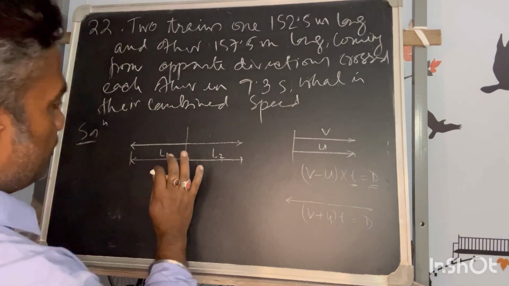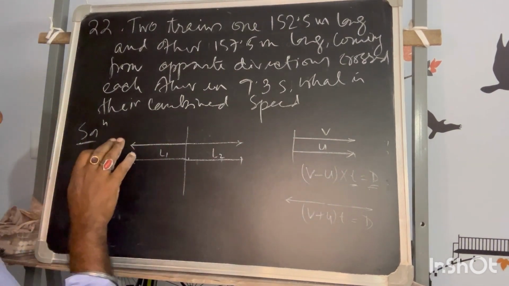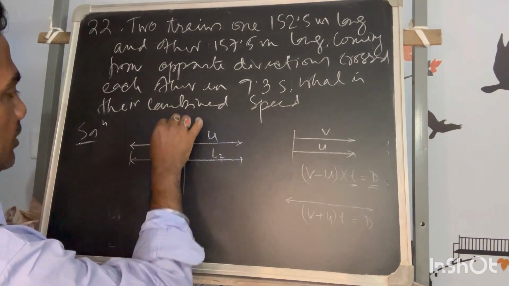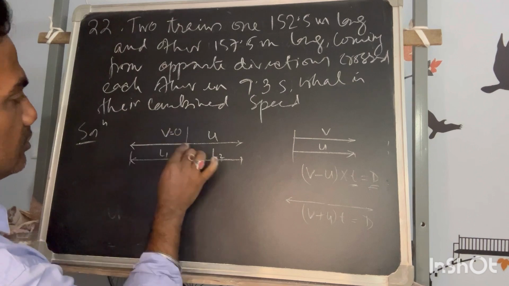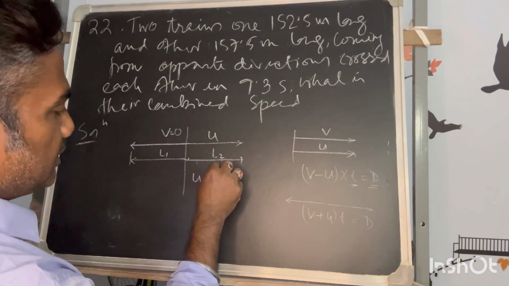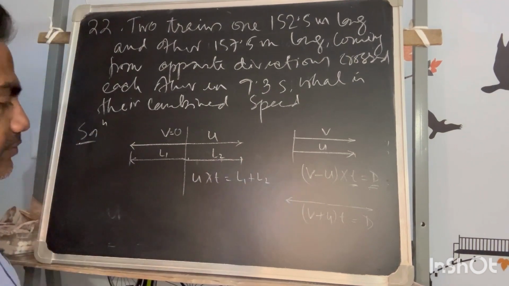Now there could be one possibility: one train is standing by, the other is crossing. Let's say this one has speed u, this one has v. Now if v is 0, then this length has to be covered by only u with the time, and the distance will be L1 plus L2, isn't it?